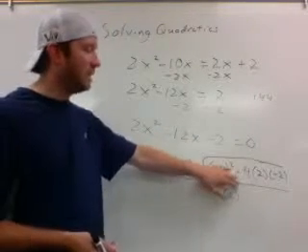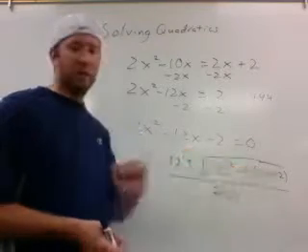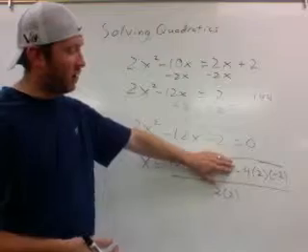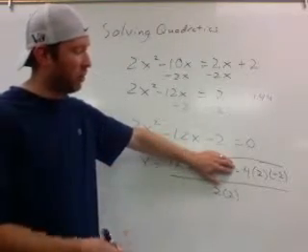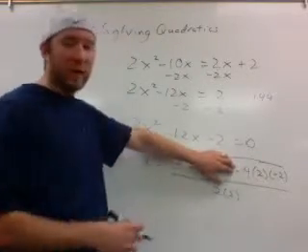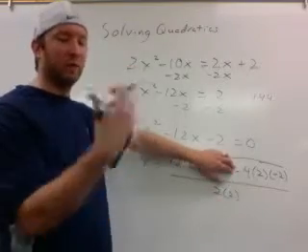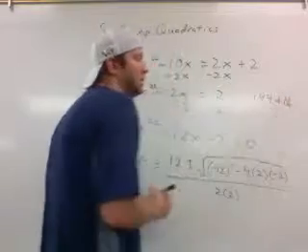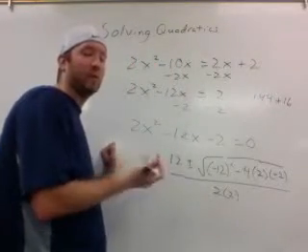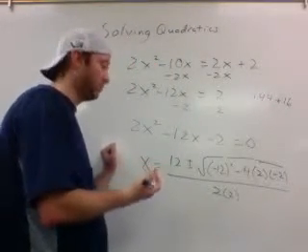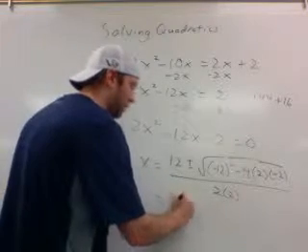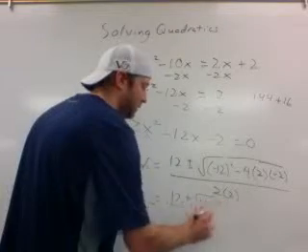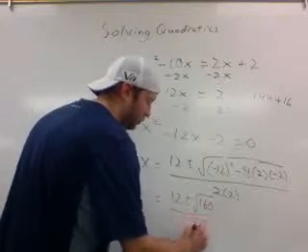Then it'd be minus negative 16, so it'd really be plus 16. Or if I thought about this as a plus a negative 4, negative 4 times 2 is negative 8. Negative 8 times negative 2 is positive 16. Either way I do this, this becomes plus 16. So 144 and 16 is 160. So this becomes 12 plus or minus the square root of 160 over 4.